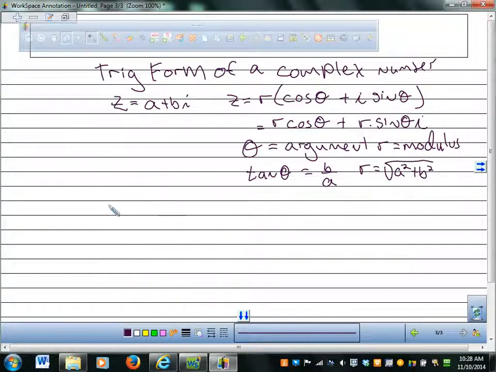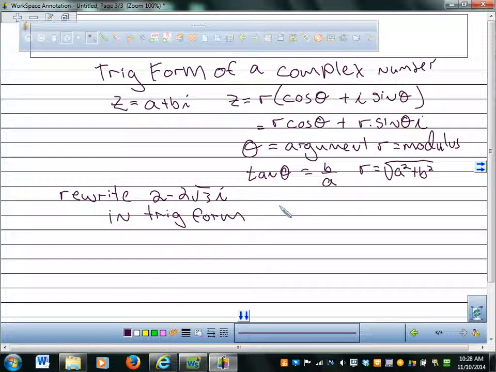So let's do this. Rewrite 2 minus 2 root 3i in trig form.